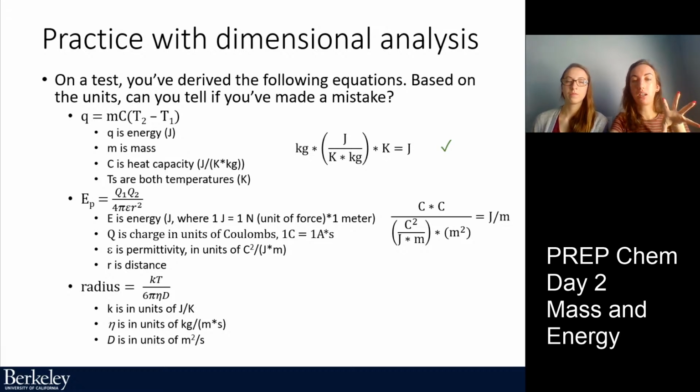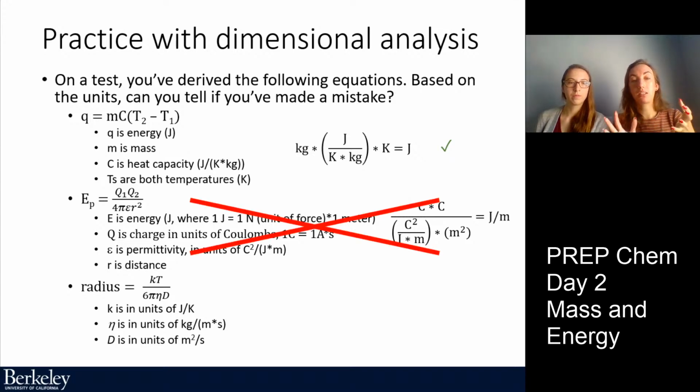So we have those units there, and then we have meters squared for the r in distance squared. When we do all our canceling out, we end up with joules per meter, but we wanted energy in units of joules. So that means this can't be right. We don't know necessarily what went wrong, but we can very quickly know that we made a mistake somewhere and this equation has to be wrong.